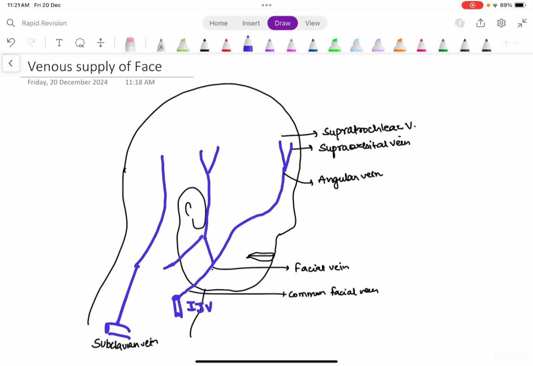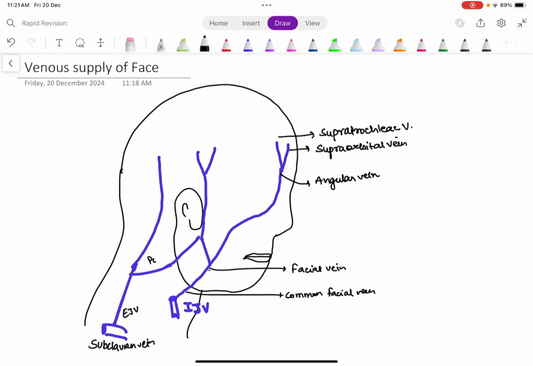And it goes like this. So this is EGV. Now this I want you to know. Now this is the posterior division of retromandibular vein, and this is anterior division. And we have one more here, which is our maxillary vein.